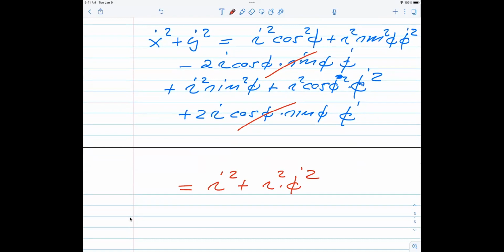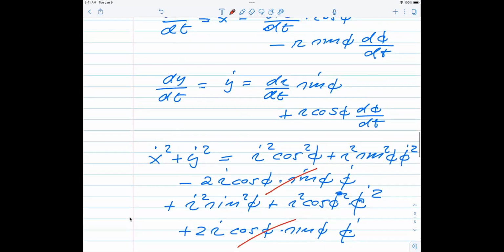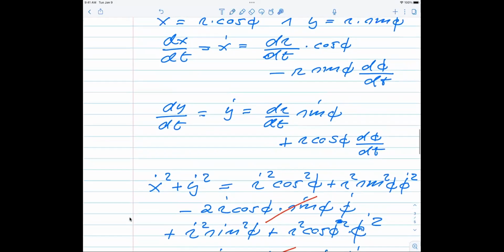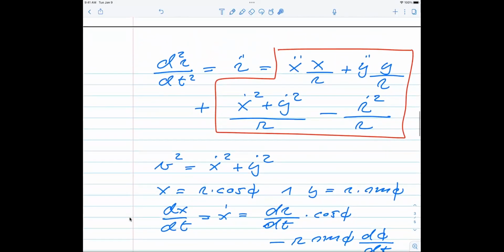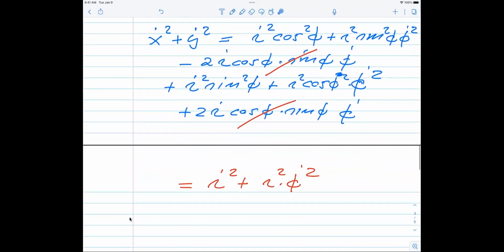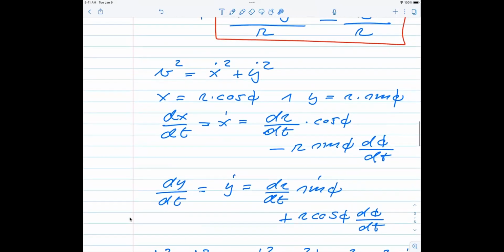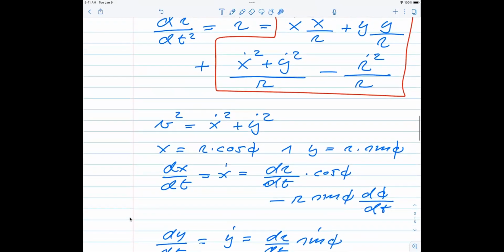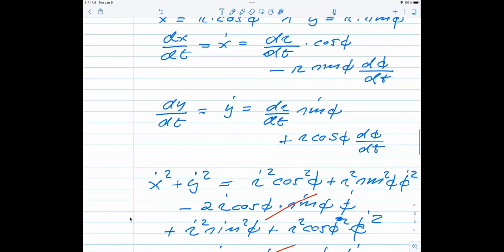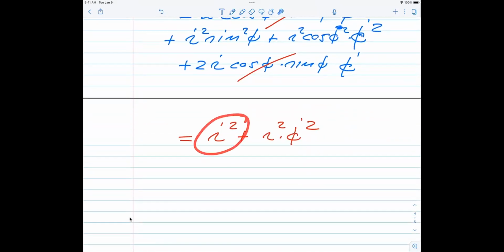So this is my relation which I get for the velocity. If we now go back to the equation for the second derivative with respect to time, what we can do next is simply to replace this term with what we have here. If we do that, you will see that this term has a term which cancels exactly this one, which comes from the r squared dot here. But then we are simply left with this term.